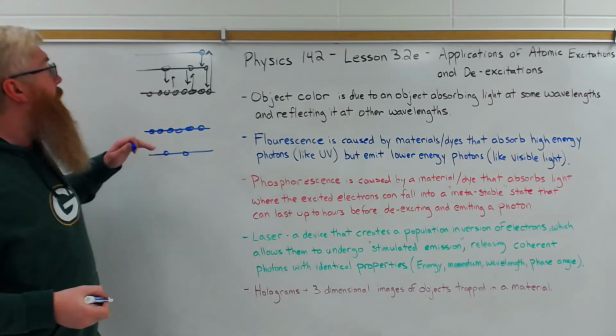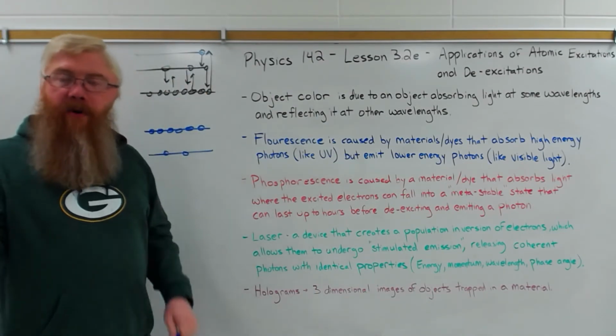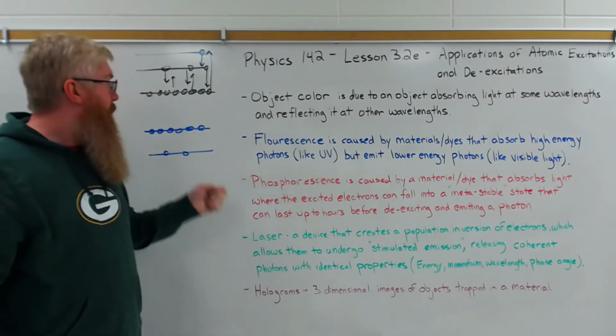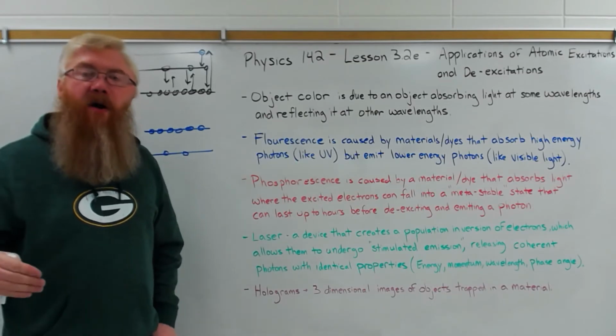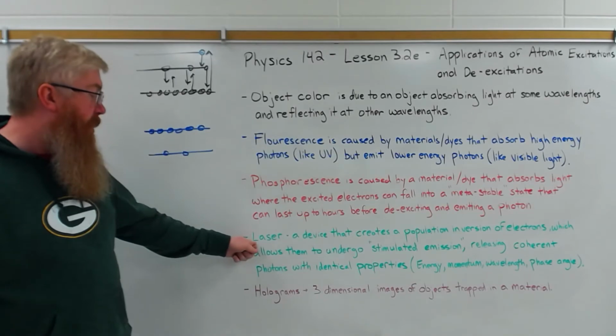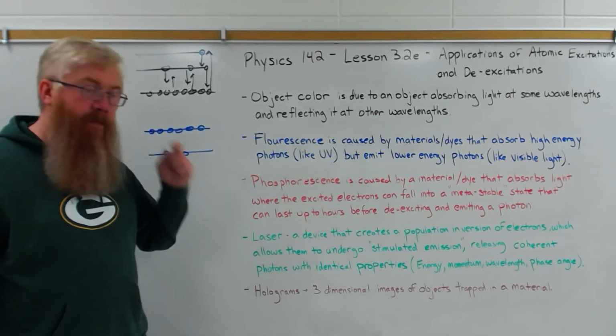What happens here, electrons spontaneously decay. They will, given some period of time, randomly jump back down and give off a photon. But in a situation where you have a population inversion, you can create what's called a stimulated emission. And that's what laser stands for: light amplification by stimulated emission of radiation.